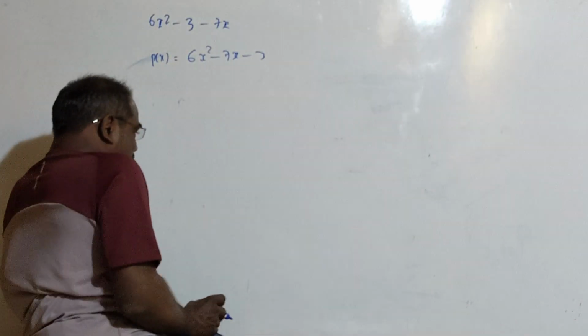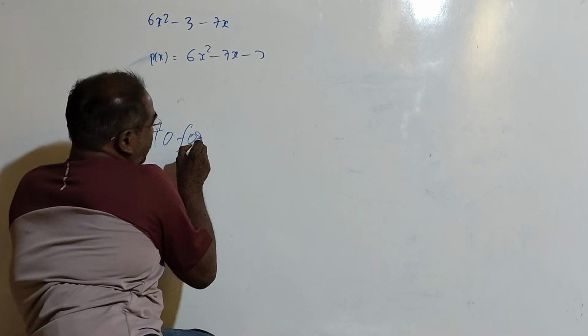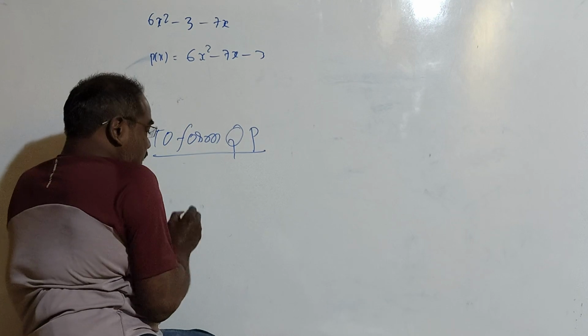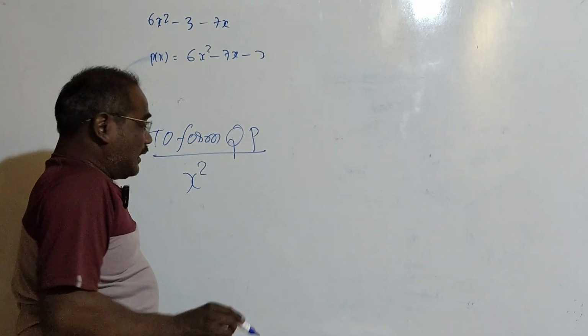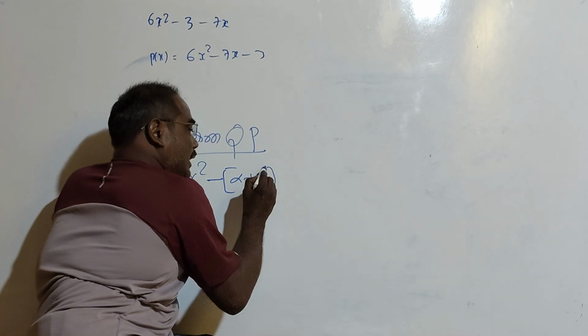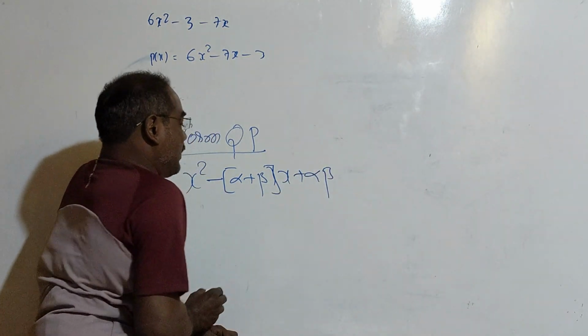There is a formula to form a quadratic polynomial: x square minus alpha plus beta into x plus alpha beta.